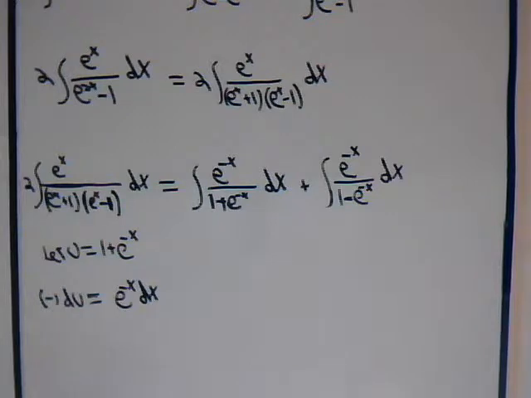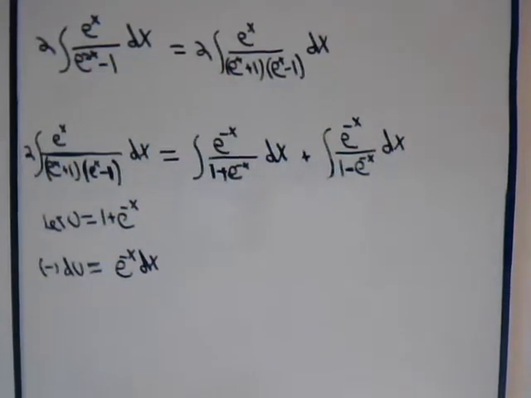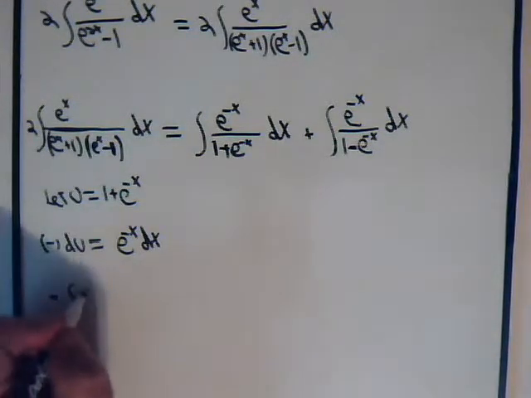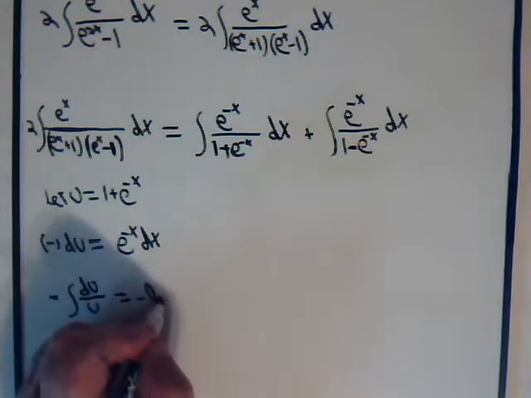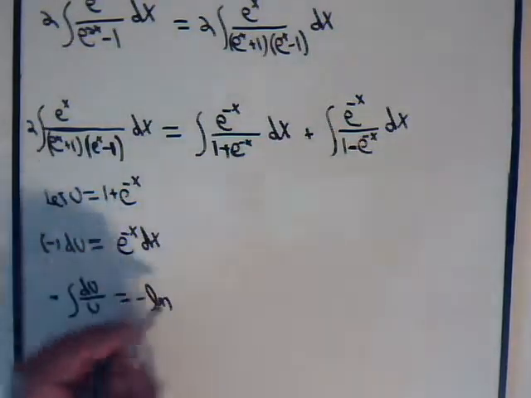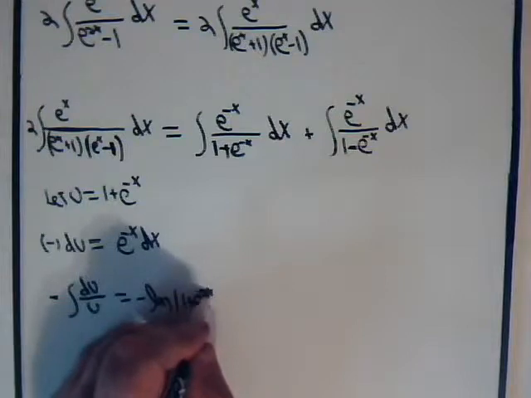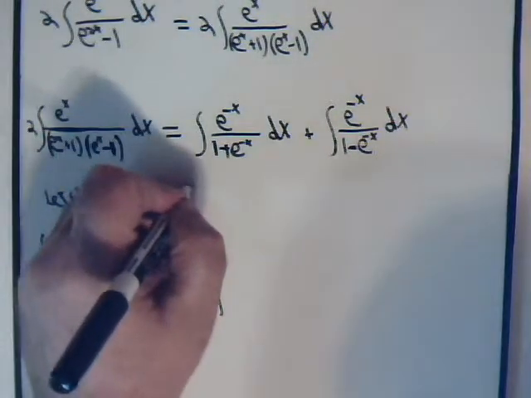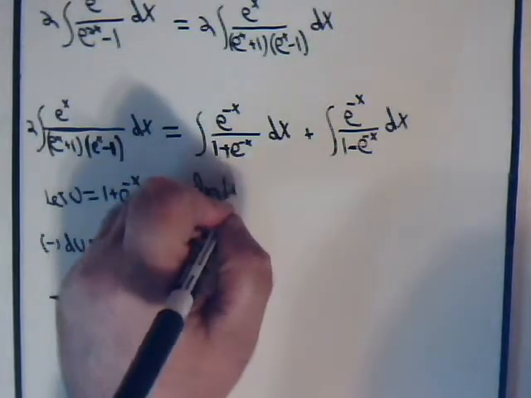We get this. So this integral here is just going to be minus the integral of du over u, which will equal minus the natural log of u, which is this. So this integral here, very straightforward, is this.